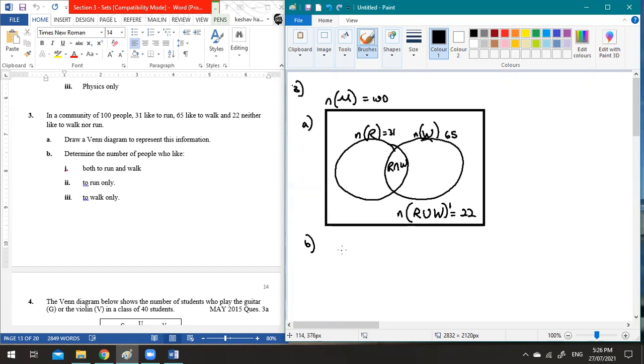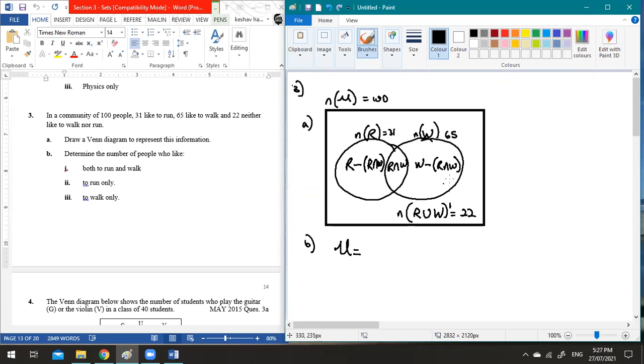Right? Now the universal set would contain the number of people who like to run minus, and I'm writing it in set notation now, the number of people who are in the middle. Similarly here, we'll have the people who like to walk minus the people who like to do both. Why?